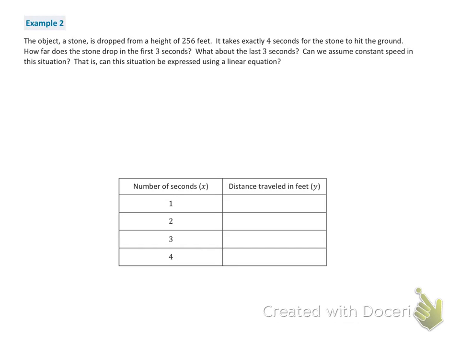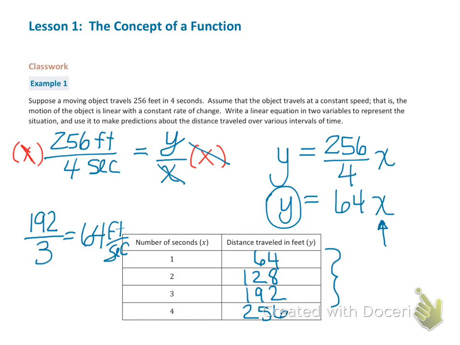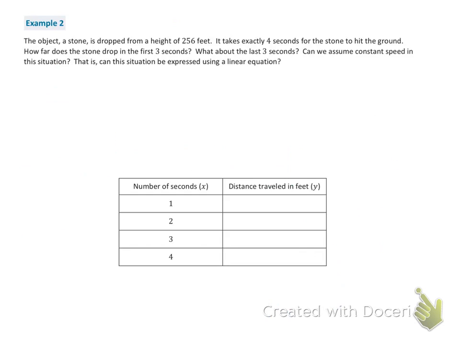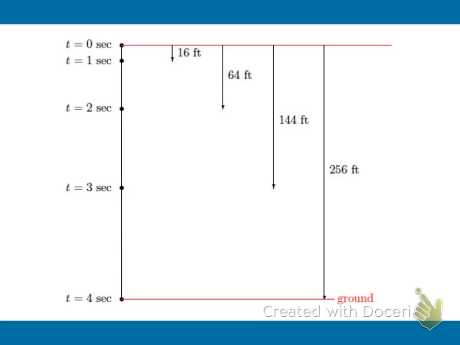Okay, so if this situation is linear, if it is constant speed, then we would know that in 3 seconds we would have 192 feet of drop. And here's the actual data for that ball drop. So let's look at what's going on here. What does this show us? It shows us that in the first second, the ball drops 16 feet.